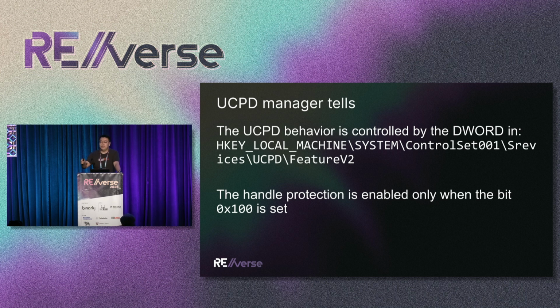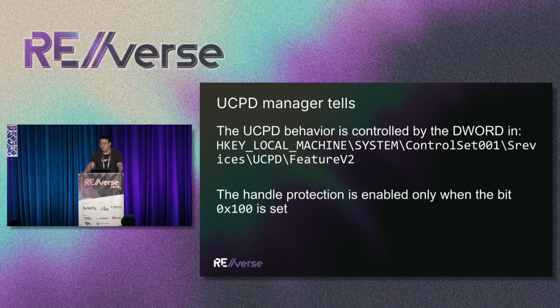The behavior can be configured with this DWORD in the FeatureManagement Overrides key in the registry. And the protection I analyzed earlier is only enabled when a particular bit is set in this DWORD, which has a hex value of 100.